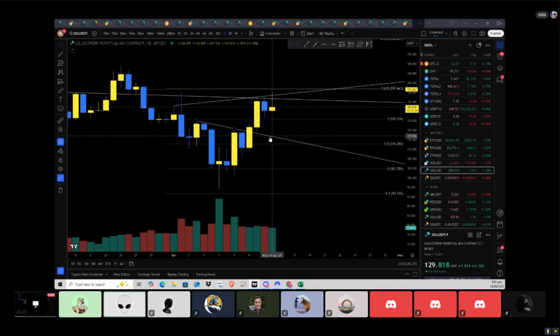So we're at 117. So what have we got? 117 would be $473 million worth of SOL leverage taken out. So it sounds like a pretty good place to go.